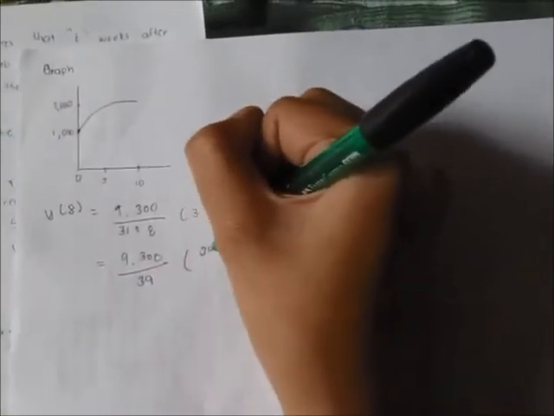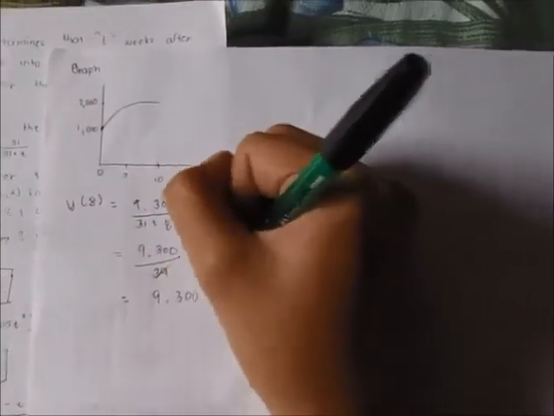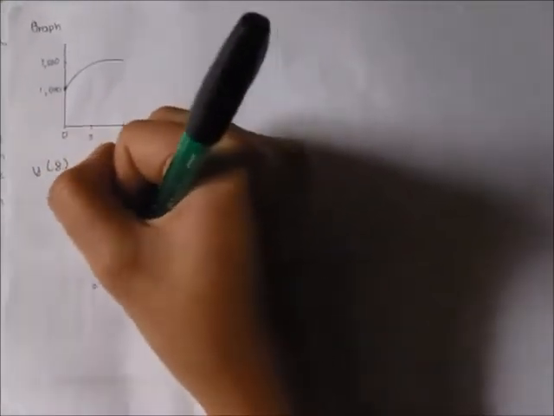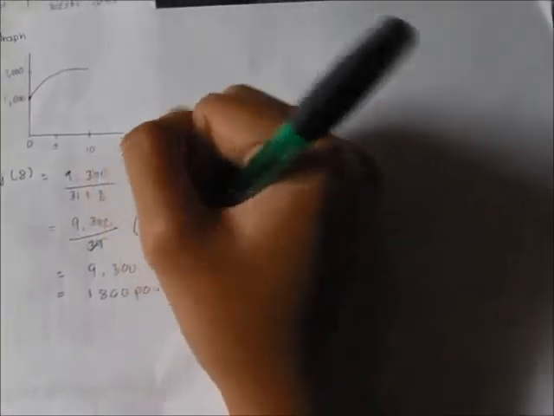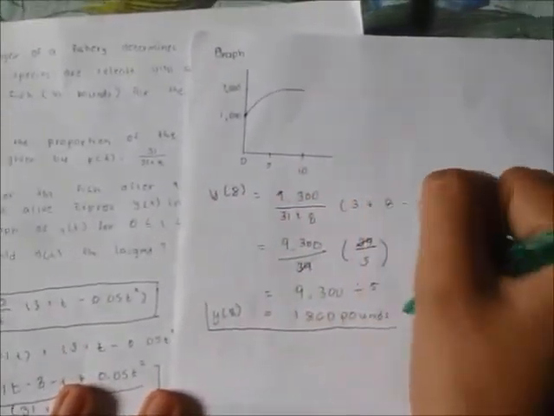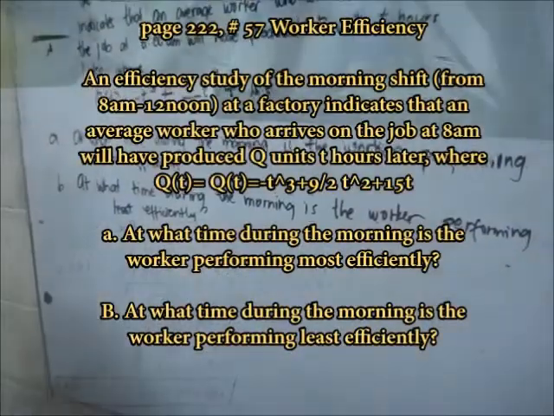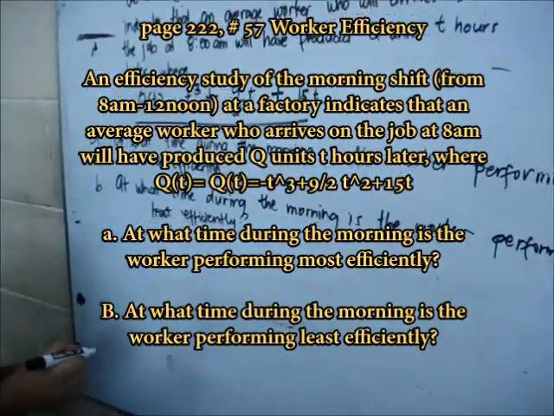And then 39 over 5. Cancel 39, and then 9,300 divided by 5 equals 1,860 pounds. So the maximum is 1,860 pounds.